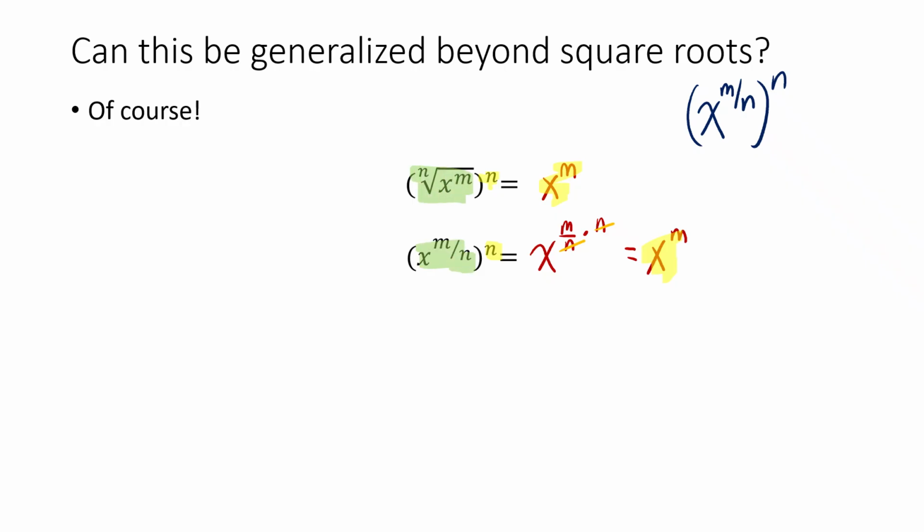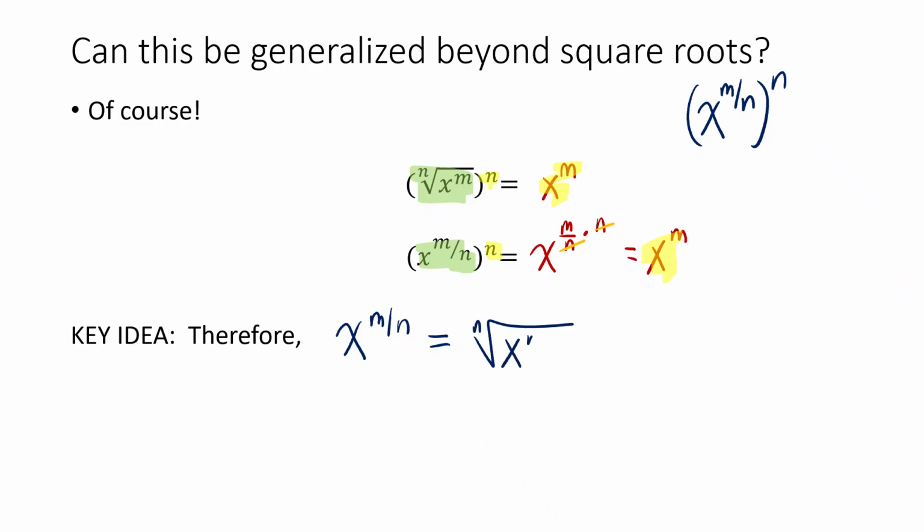So the nth root of x to the m would be equal to x to the m over n power. Therefore, here we go, write it out: x to the m over nth power is equal to the nth root of x to the m.